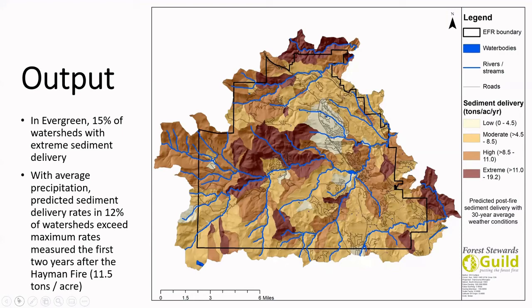With our analysis, we found that about 15% of watersheds had the potential for extreme sediment delivery. Predictably, a lot of those are areas with steeper slope and areas where high severity fire is predicted, in terms of high flame length, because that dramatically reduces the estimates of cover that would remain after fire. Next slide.